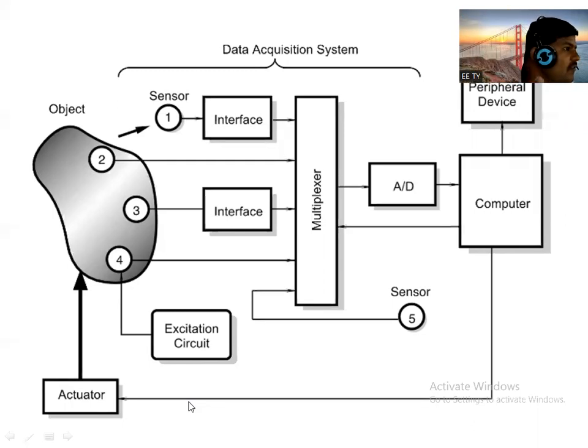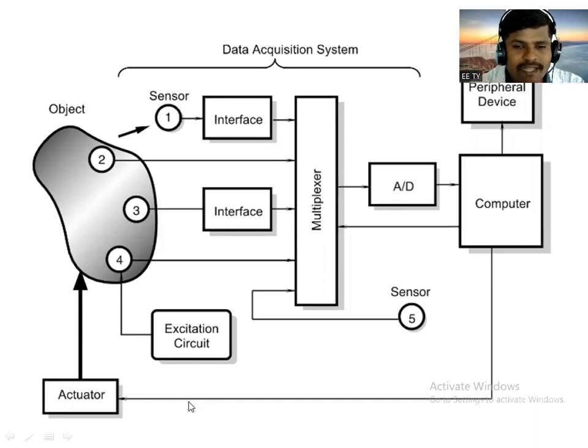So what is meant by peripheral devices? Which are the peripheral devices? Alarm system and display are nothing but peripheral devices. Okay, so this is just the block diagram related explanation regarding the data acquisition system and its control devices.